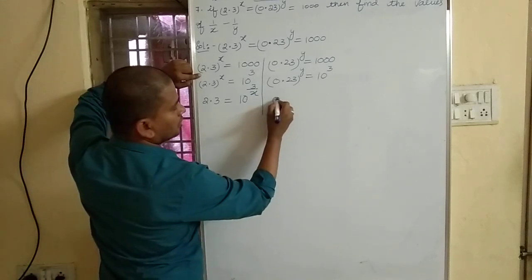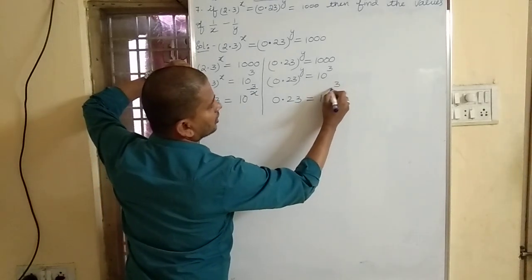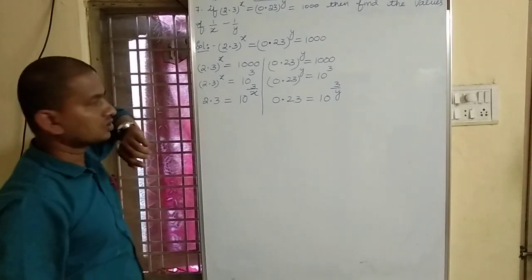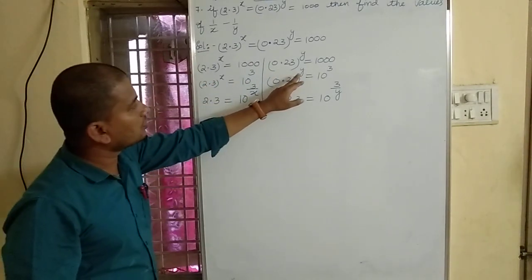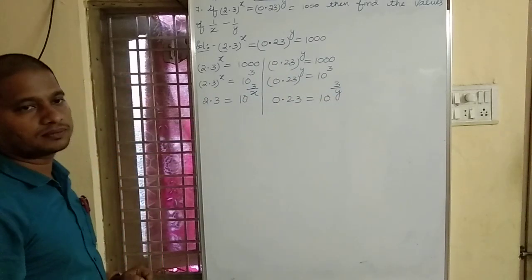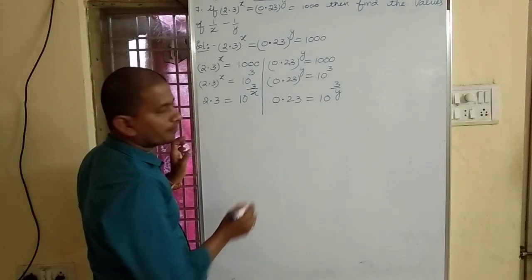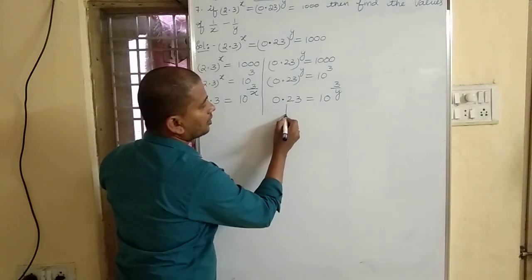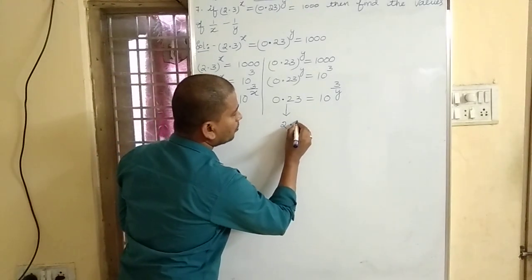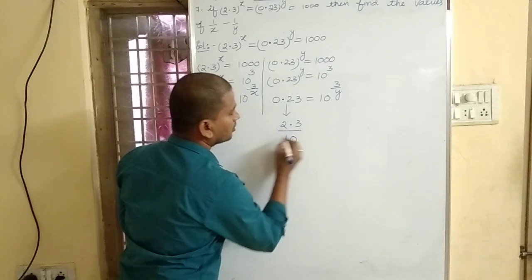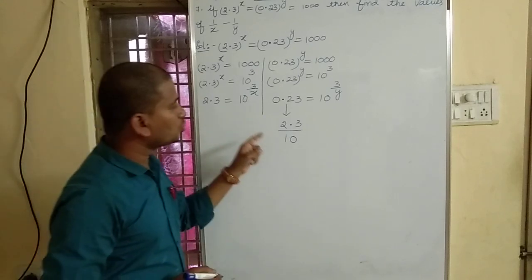Here 0.23 is equal to 10 to the power 3 by y. Got it? Here the power x is transposed; here also power y, it becomes 3 by y. Now listen carefully. Here 0.23, I can write as 2.3 by 10.